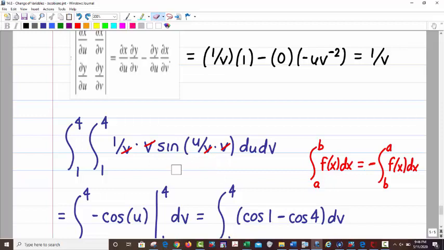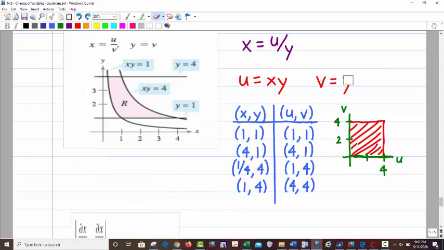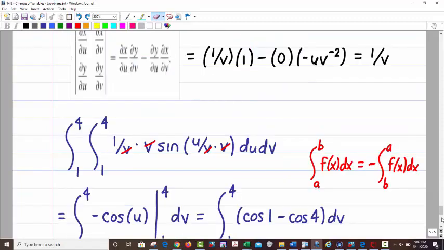You end up with sine of u right there. I just did x and y separately and multiplied them together, but I don't know why I did that, because we already know that x times y is u. Whatever, it didn't hurt anything. And then the 1 over v actually cancels the v, so it makes the integral a little less involved.